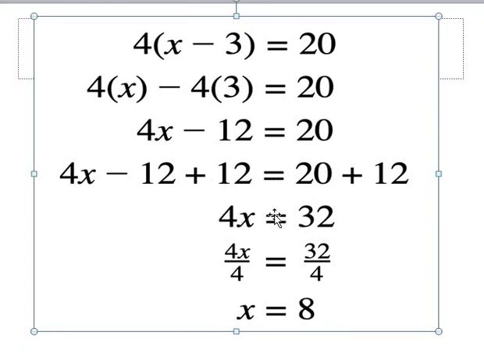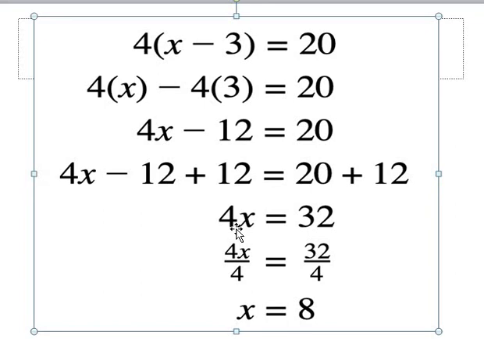Okay, then is this the final answer of the solution? No, miss. Why? Because this is 4x, and I want only x. How can I solve this? By dividing by 4. Why do I have to divide? Because x is multiplied by 4. So if I want to get rid of 4, I have to divide by it, so that I will get 1, and 1 times x equals x.